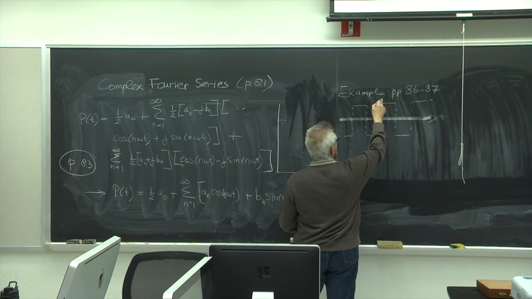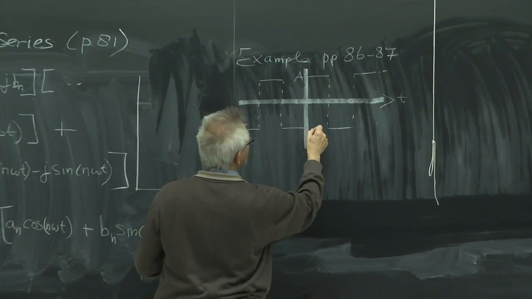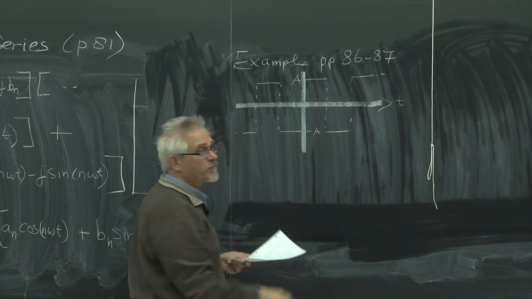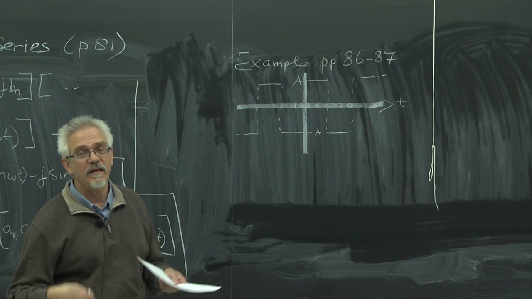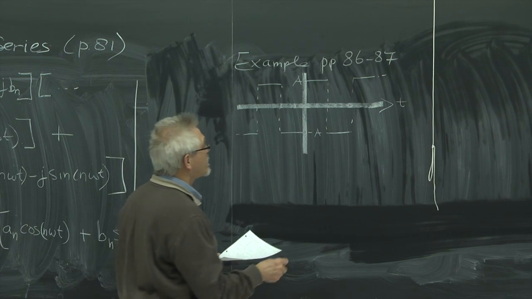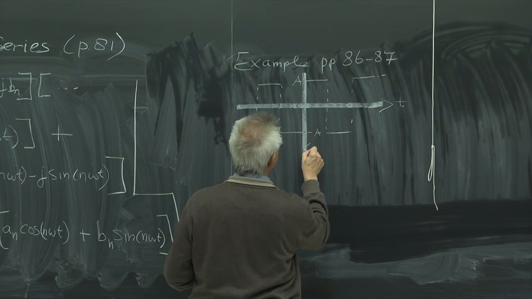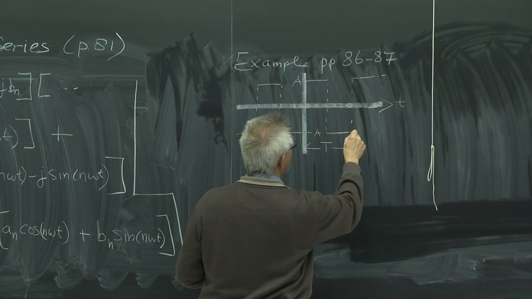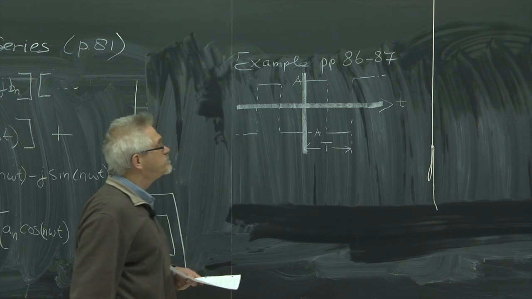And this amplitude is A, and this amplitude is minus A. And this is our friend, the square wave. We have seen that in the example in the MATLAB approximation. And this would be its fundamental period.